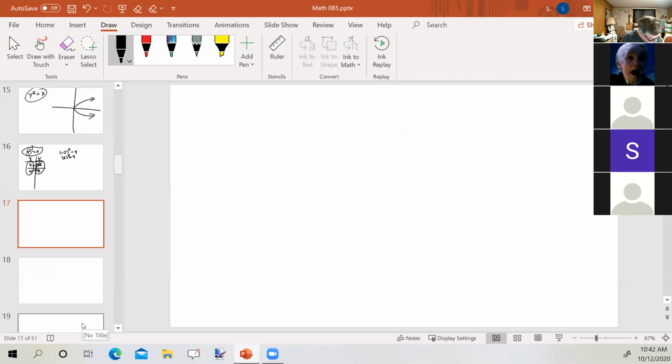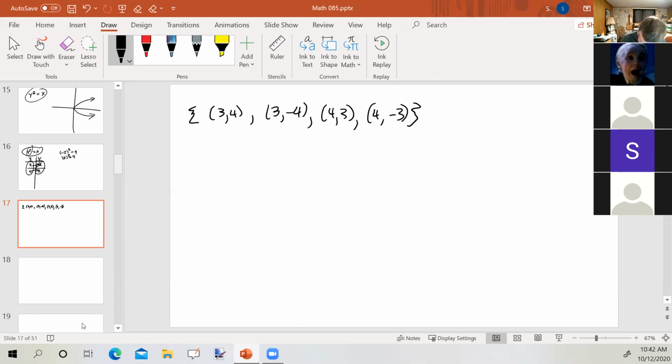Let's look at some more examples here. 3, 4; 3, -4; 4, 3; 4, -3. Making these is the hardest thing I have to do, I think. All right, is this a function or not?